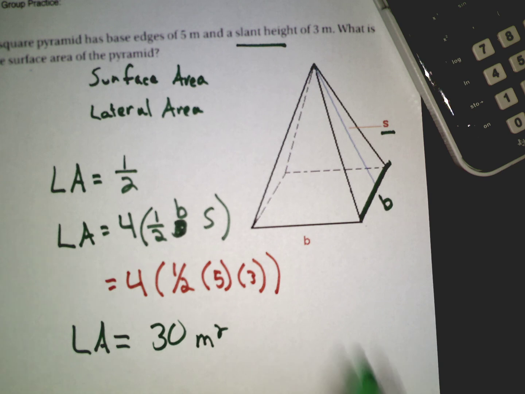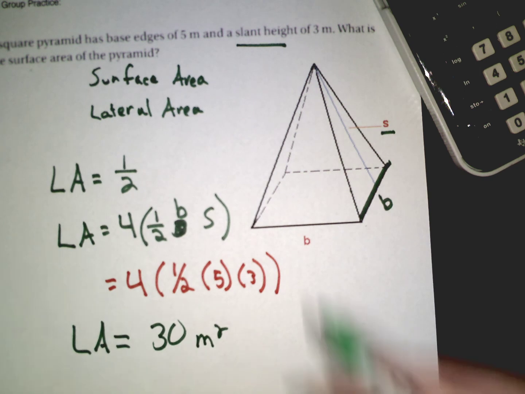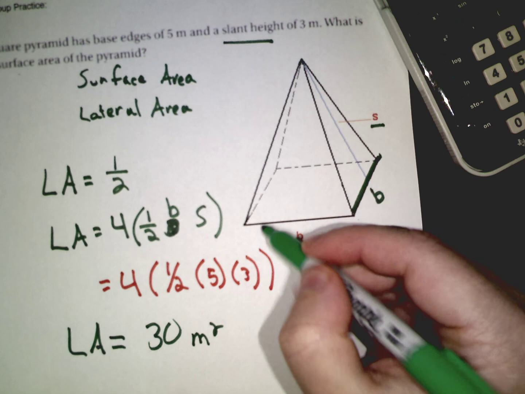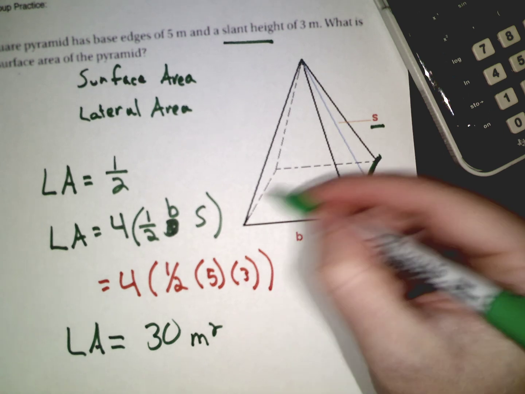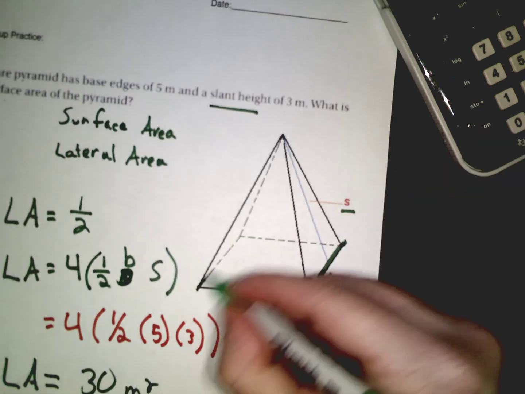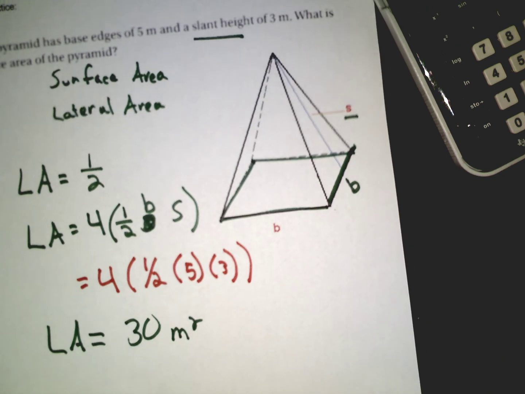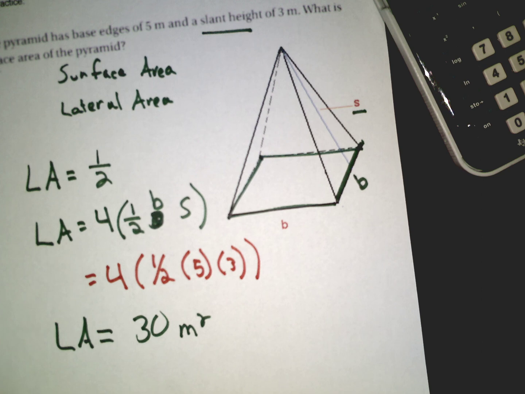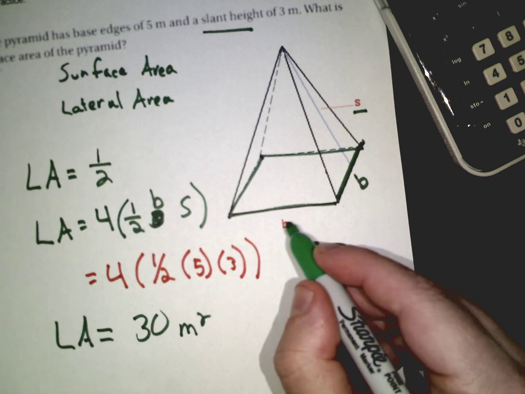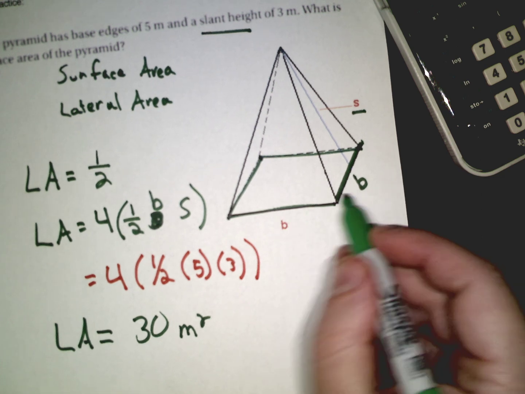Okay, but they want the surface area. How much wrapping paper do we have to do the whole thing? Well, I got the triangles. The only thing left is the square in the middle. What's the area of this square? Well, the square is also a rectangle, and it's base times height.